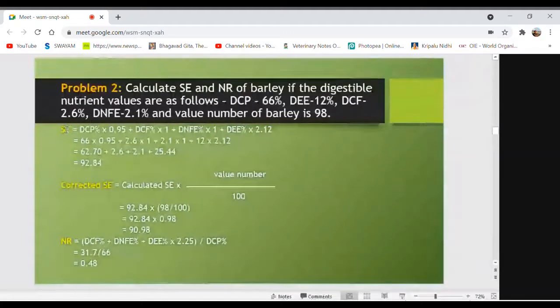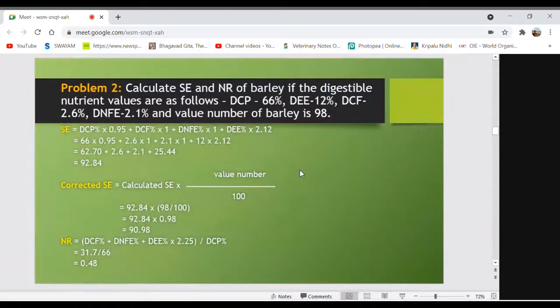This is SE. You can say it is calculated. This is not the final one. This is the tentative SE of the barley, 92.84. Then corrected SE. For corrected SE, this way you have to utilize the value number. Some of the students ask me about this value number, how we can calculate that.